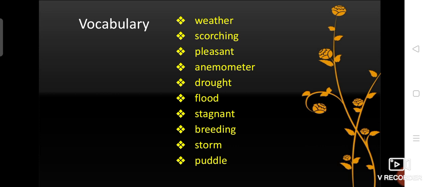Anemometer. Anemometer is an instrument. What do you mean by anemometer? Anemometer is an instrument to measure the speed of the wind. Okay. The next one is drought.